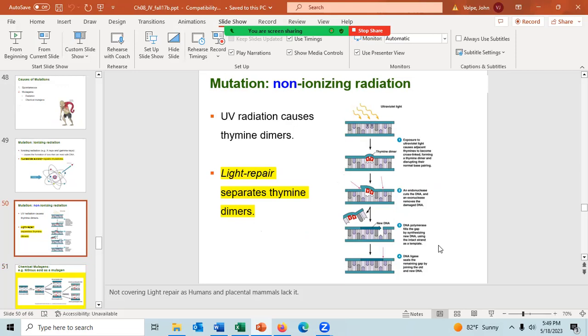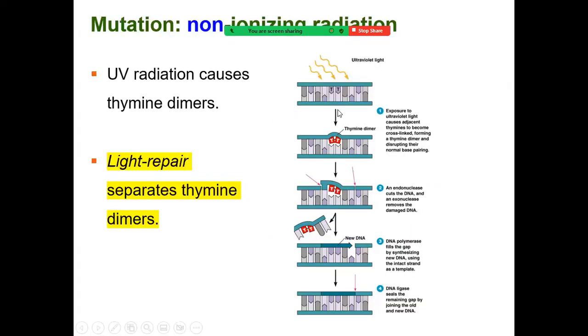We can get non-ionizing radiation to also mutate the DNA. And the only non-ionizing mutagen that mutates DNA is UV light. UV light, when it strikes DNA, let me see if I can blow this up. It causes 2 thymines that are next to each other to pair with each other.